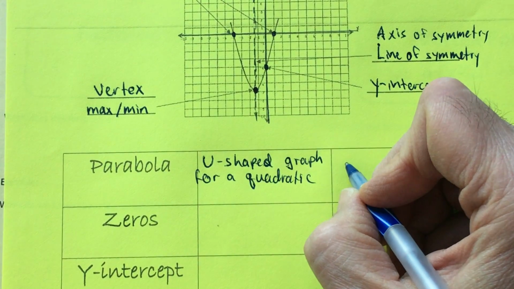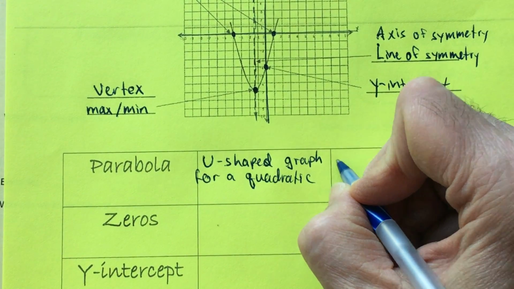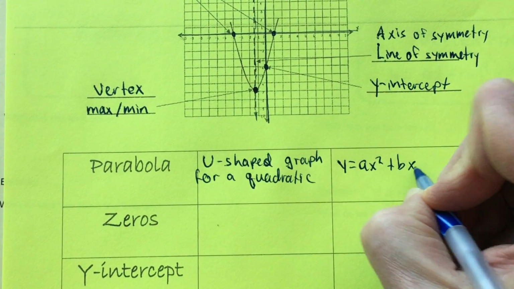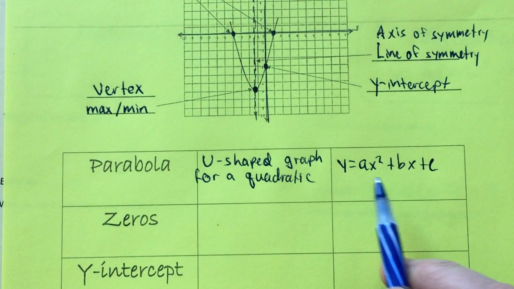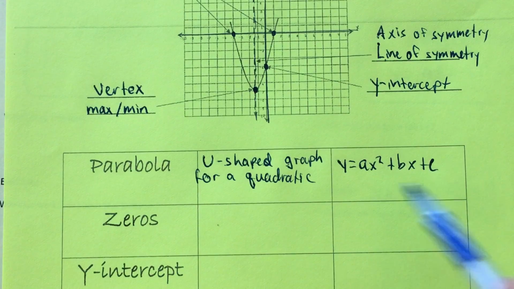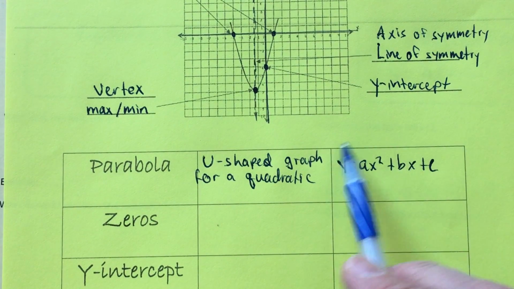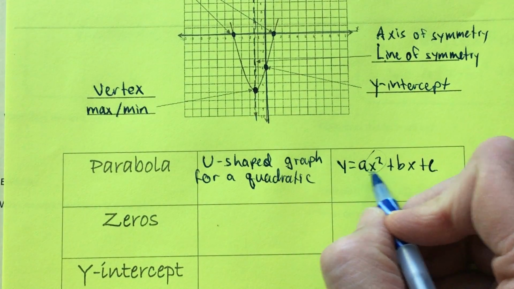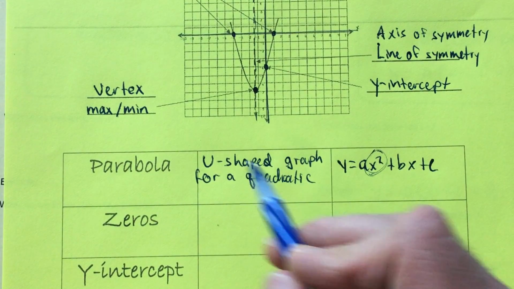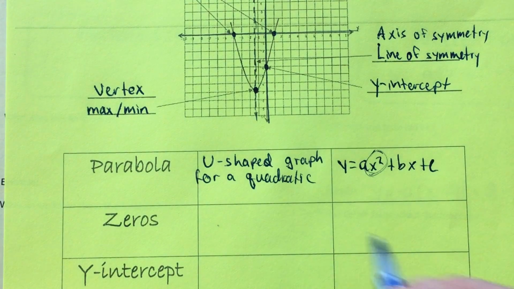And basically a quadratic is y equals ax squared plus bx plus c. That's standard form. Today we're going to learn about vertex form, which is a different one, but don't worry. As long as you have this square in it and no higher power, you are dealing with a quadratic, and its shape will be a parabola.